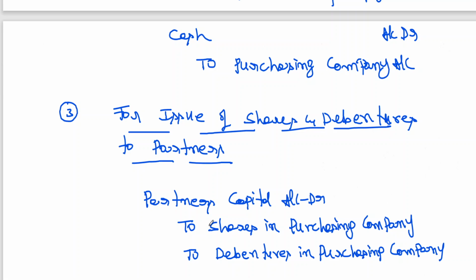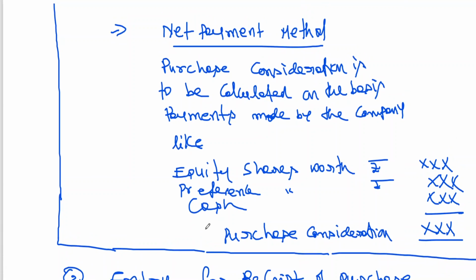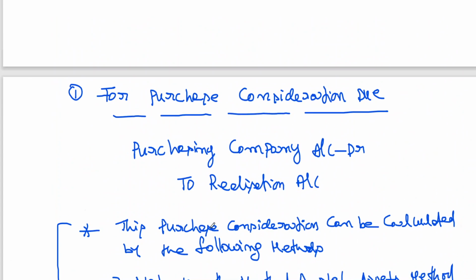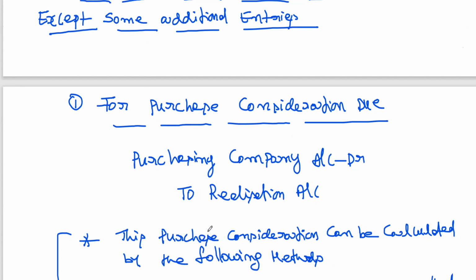Okay, this is how all the accounts will be closed. These are the entries in addition to what we have learned in case of the dissolution of the firm.